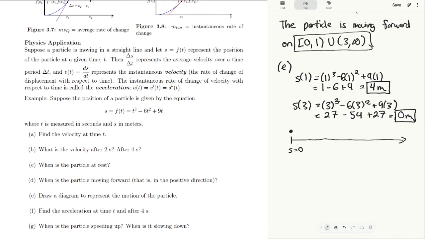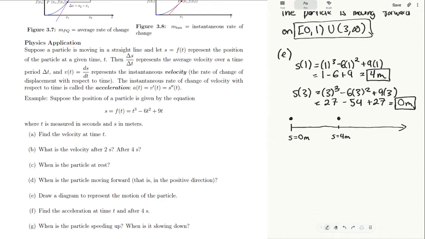So after 1 second, we know that the particle has traveled 4 meters. And we know that the particle moves forward between 0 and 1. So the particle starts from the origin and then travels 4 meters in the positive direction. So this happens when time is equal to 1 second.